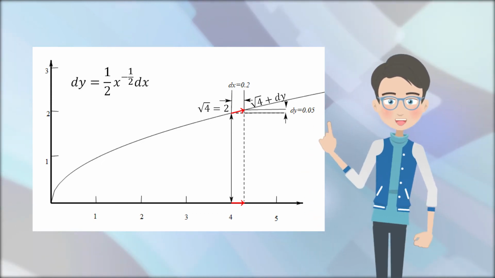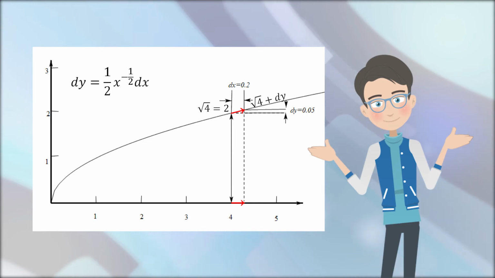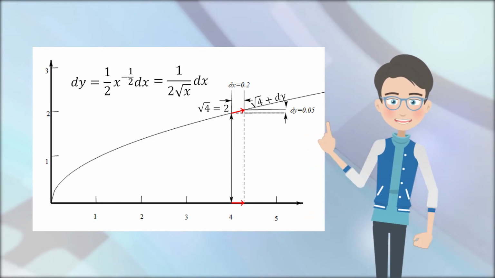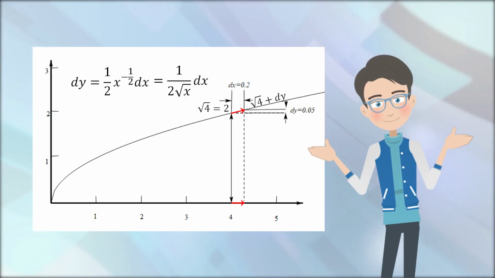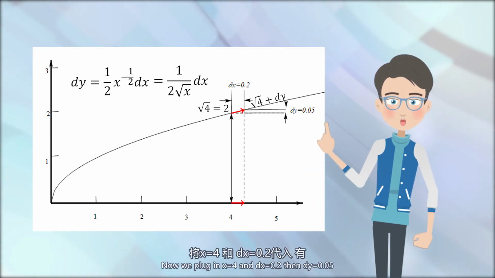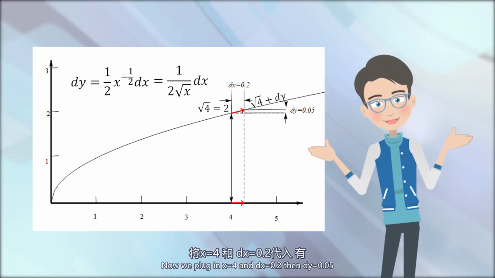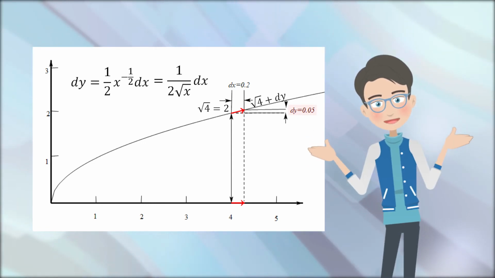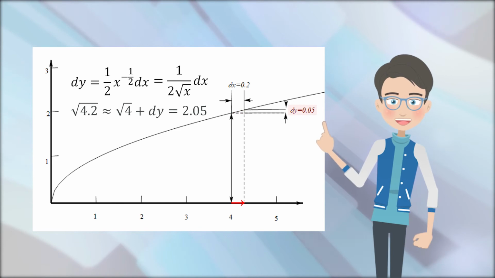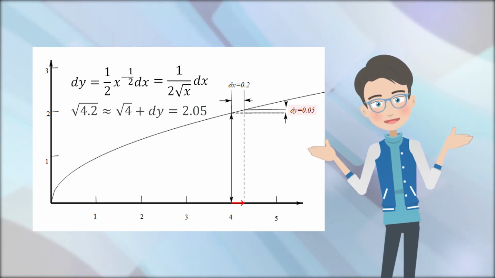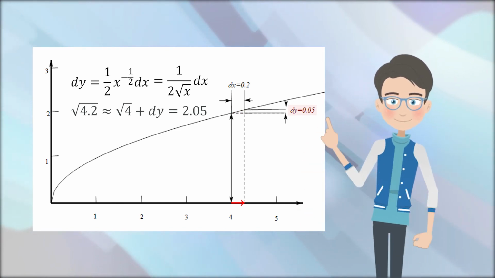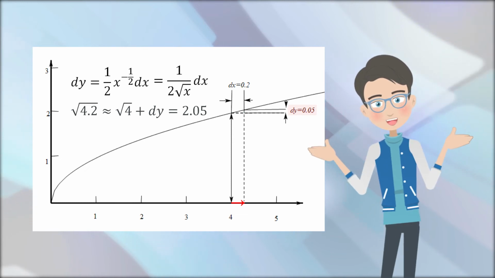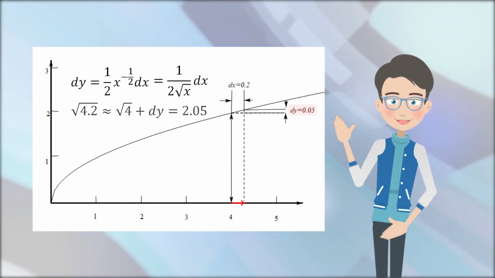Now dy equals 1 over 2 times the square root of x, times dx. We plug in x equals 4 and dx equals 0.2, then dy equals 0.05. So the square root of 4.2 approximately equals the square root of 4 plus dy, which equals 2.05.